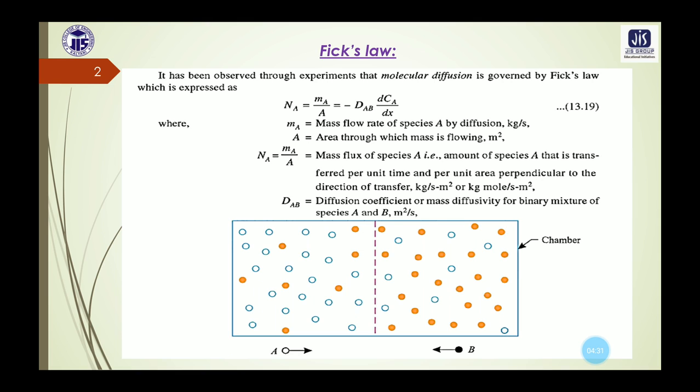Now in case of a gaseous mixture, what happens? The molecular diffusion occurs due to the random motion of the molecules. Now this diffusion is also known as eddy diffusion. So what was this eddy diffusion? Eddy is actually a highly turbulent mass.